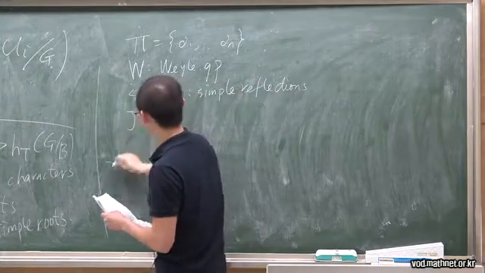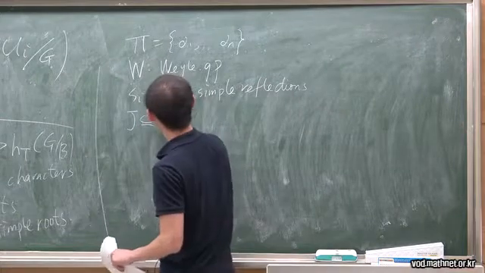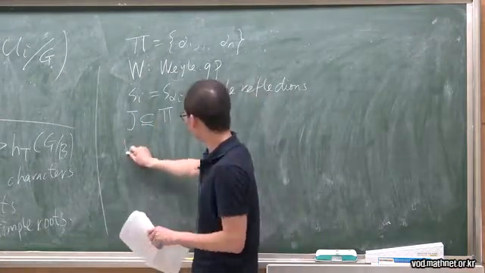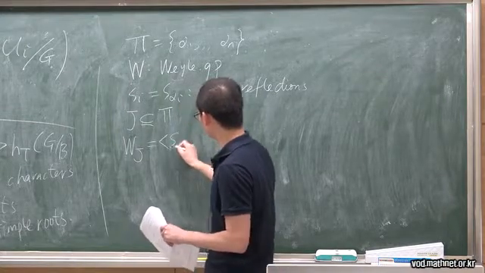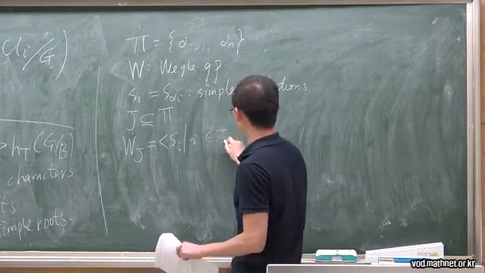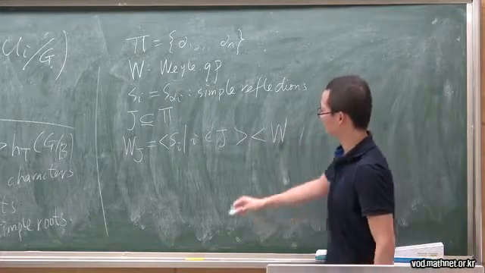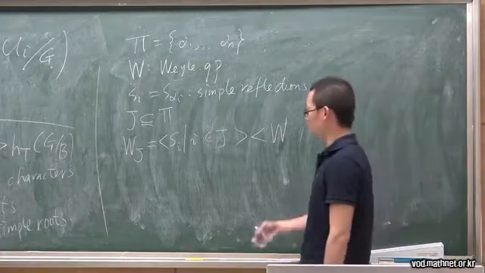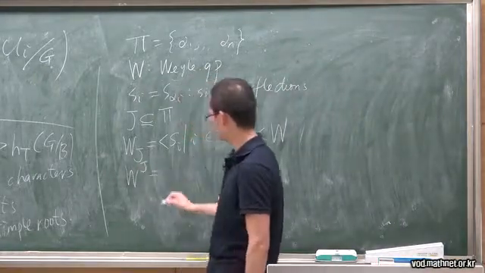Later on, I will also consider the partial flag case or parabolic case. So I will use J, subsets of simple roots, and W_J is the subgroup of the Weyl group generated by s_i such that i is in J. So that's a subgroup of the Weyl group. J itself actually makes into a root system, a subsystem. And this is also standard notation, I think.